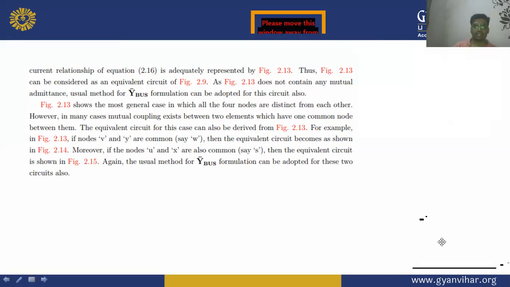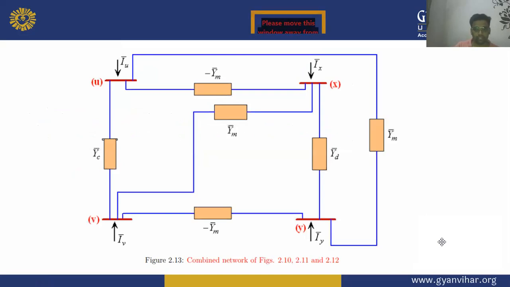The equivalent circuit for this case is also derived from figure 2.13. That means when we have a common node, it can be derived in the same manner as we derived figure 2.13. For example, if nodes V and Y are common, say it's W, then the equivalent circuit becomes as shown in figure 2.14.